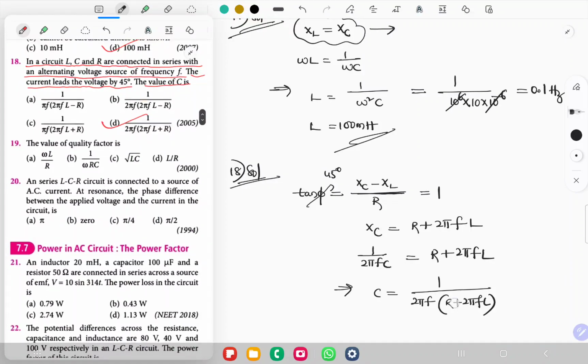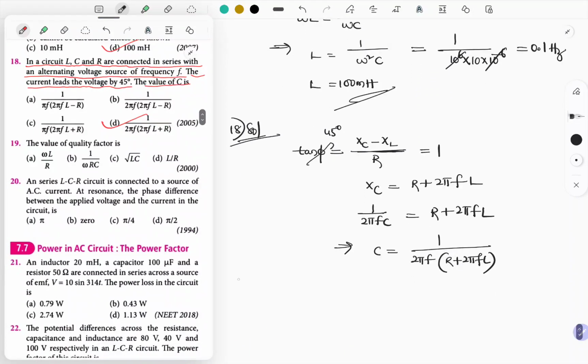Got it? Next, the value of quality factor. So we have different formulas of quality factor for series RLC circuit.